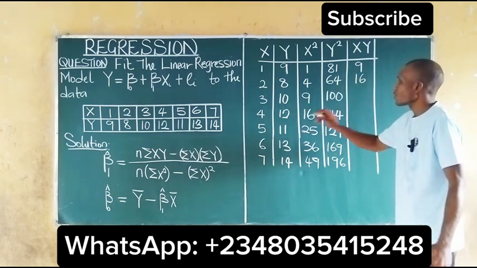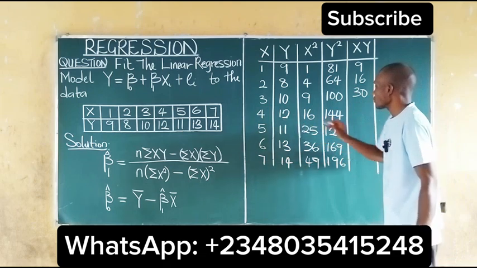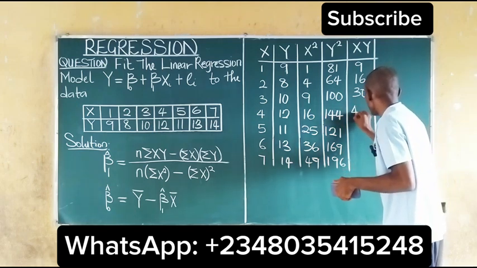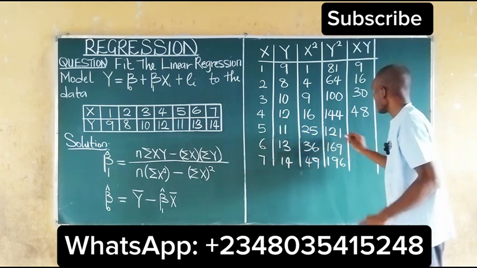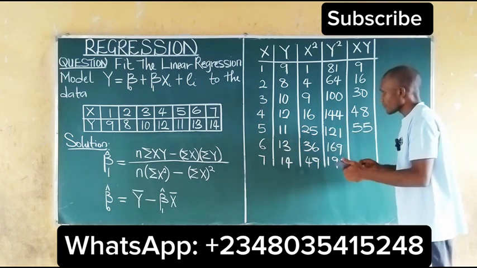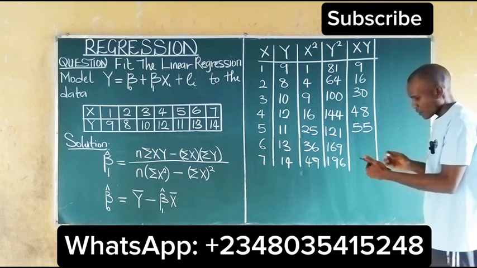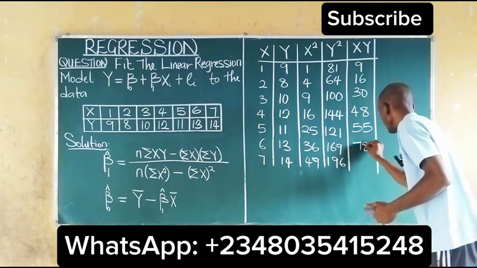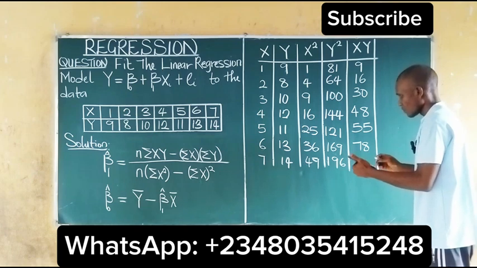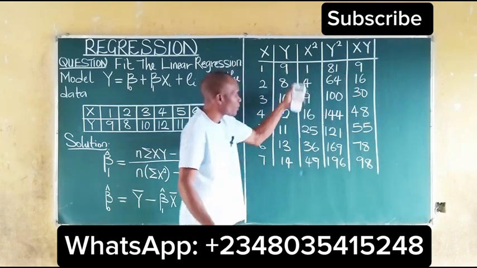If you're not clear about that, you can do your multiplication. 3 times 10 is 30. 4 times 12 is 48. 5 times 11 is 55. 6 times 13 is 78. 7 multiplied by 14, we have 98. So this is simply how we can compute the table.